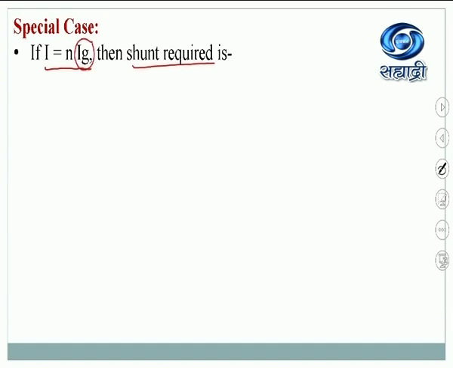Now there is one special case. What is that? If the maximum current in the circuit I is equal to N times Ig, that is N times the current flowing through the galvanometer for which galvanometer shows full scale deflection. Remember the meaning of this Ig. So if this is so, how much shunt is required?